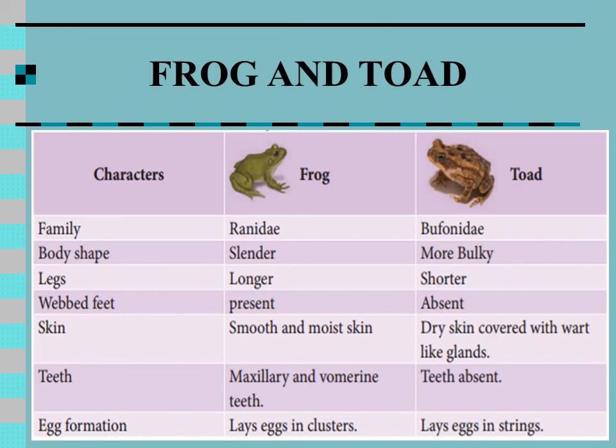Then egg formation: the frog lays eggs in clusters, as a group, but the toad lays eggs as strings. This is the difference between frog and toad, and this will also be asked as a 2-mark or 3-mark question: differentiate frog and toad. Fine.